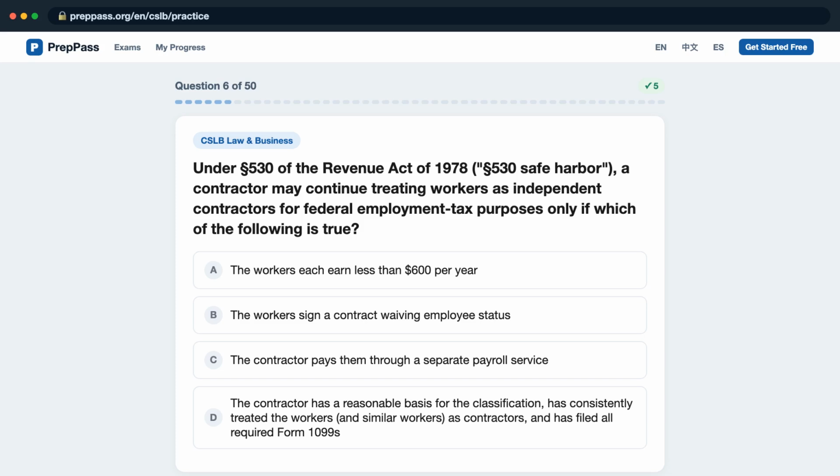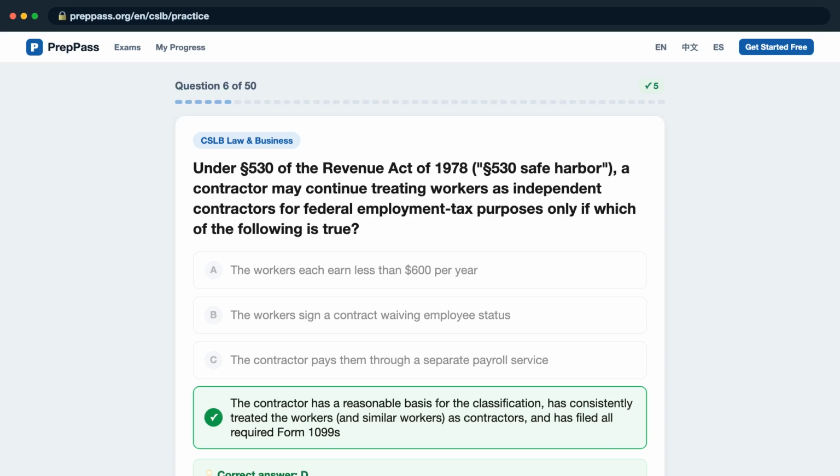B, the workers sign a contract waiving employee status? C, the contractor pays them through a separate payroll service? D, the contractor has a reasonable basis for the classification, has consistently treated the workers, and similar workers, as contractors, and has filed all required Form 1099s? The correct answer is D.